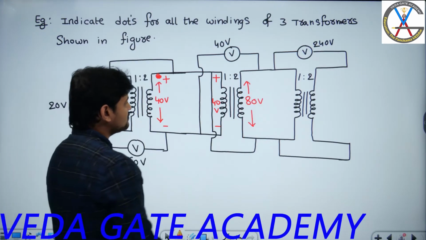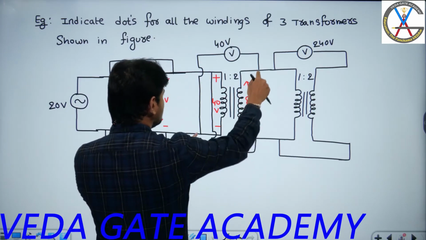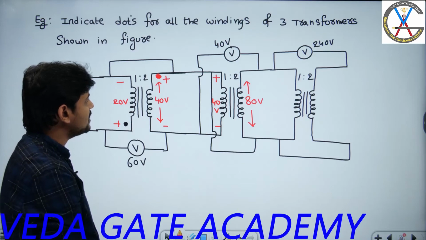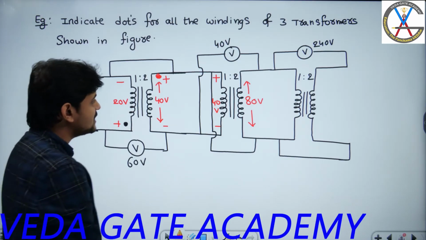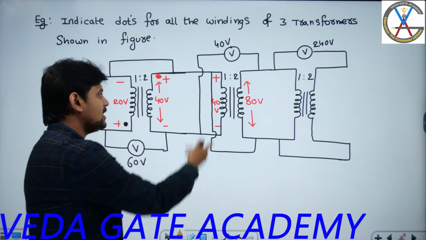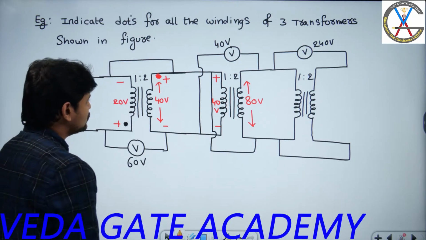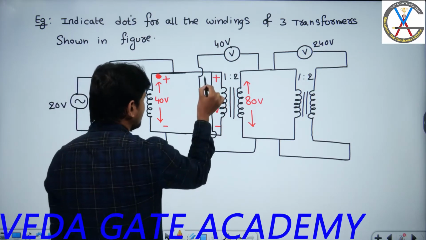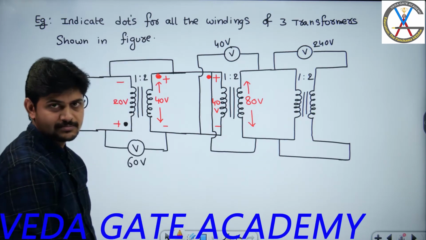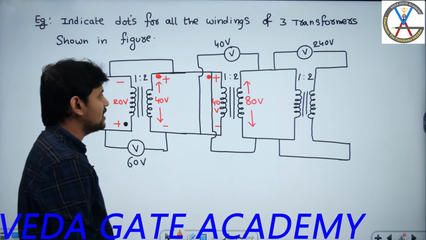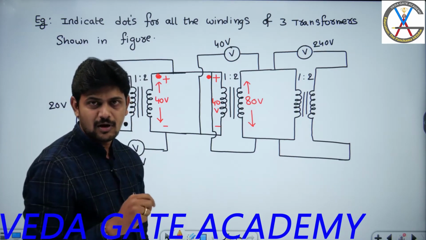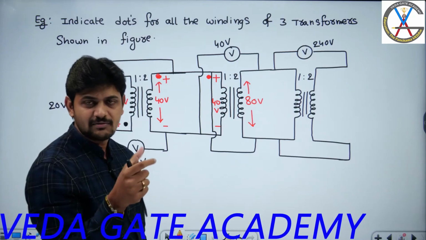Again, if you clearly observe here, this terminal is shorted with this, and across this you are getting the voltmeter. How much reading is it showing? 40 volts. That means 40 volts is the sum of these two EMFs or the difference? Difference. 80 minus 40 is nothing but 40. So if I indicate this as dot, and the voltmeter reads the difference of two EMFs, the short circuited terminals will be assigned with similar polarities, or the dotted terminals will be assigned with similar polarities.